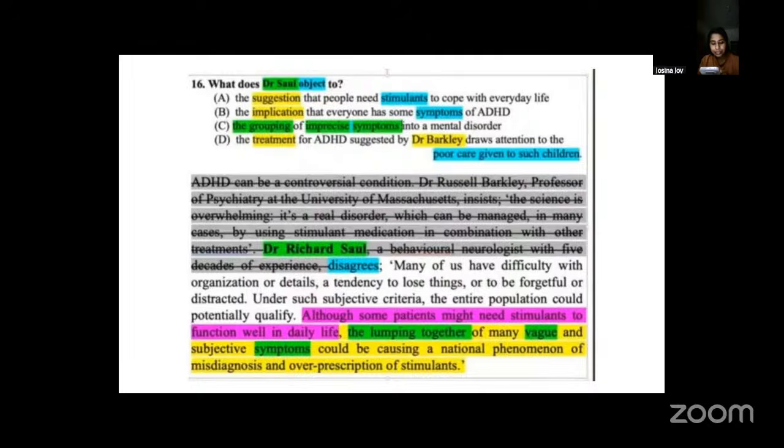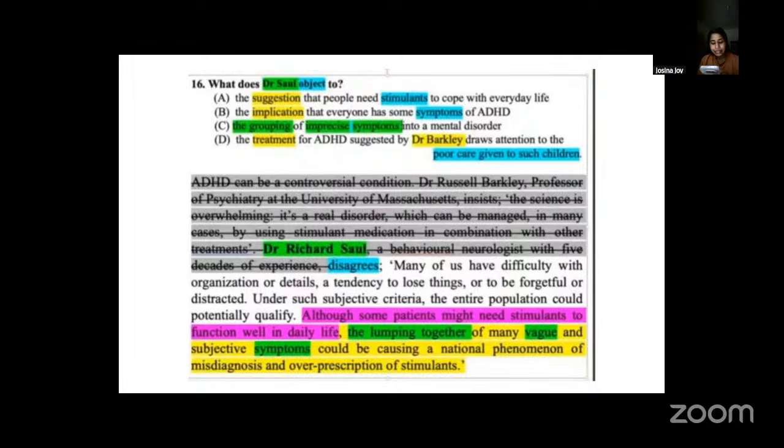So here we can see a dependent clause: although some patients might need stimulants to function well in daily life. This is the dependent clause. And the independent clause is the lumping together of many vague and subjective symptoms could be causing a national phenomenon of misdiagnosis and overprescription of stimulants. So our answer will come in the independent clause.